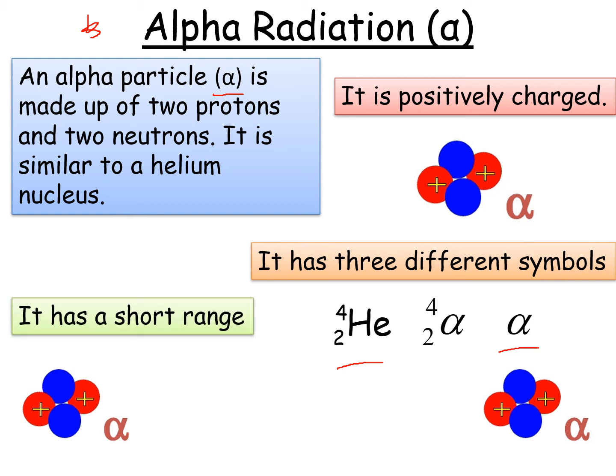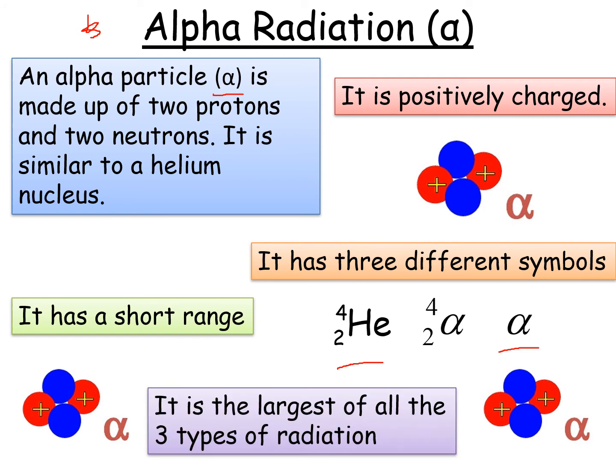It has a very, very short range, and it's the largest of all three types of radiation. And by largest, I mean physically large because it's literally made of physical particles, two protons and two neutrons. As you'll see later on, the other ones are made up of smaller things. So lots of information to remember. As I said, the assignment will help you to organize this information.